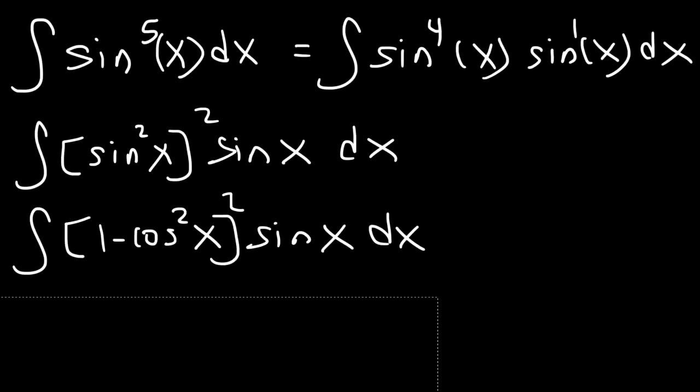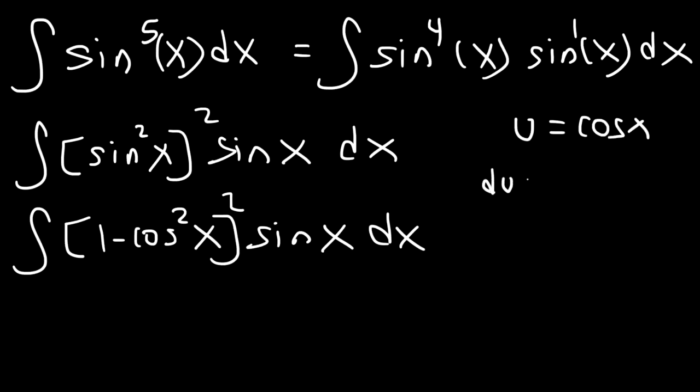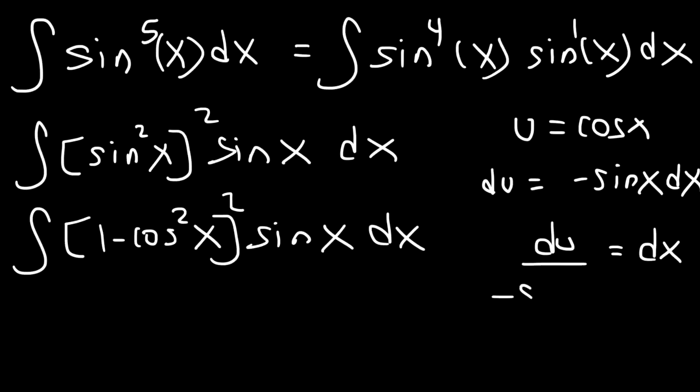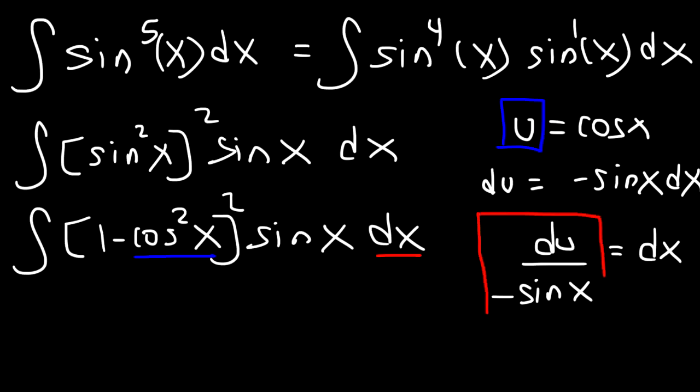So we're going to make u equal to cosine x in order that du will be equal to negative sine x dx. Solving for dx, it's going to be du divided by negative sine x. Now let's replace cosine with the u variable, and let's replace dx with du divided by negative sine x.